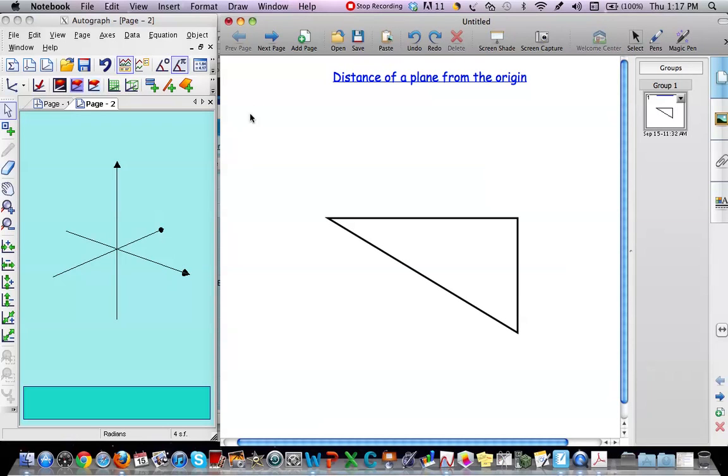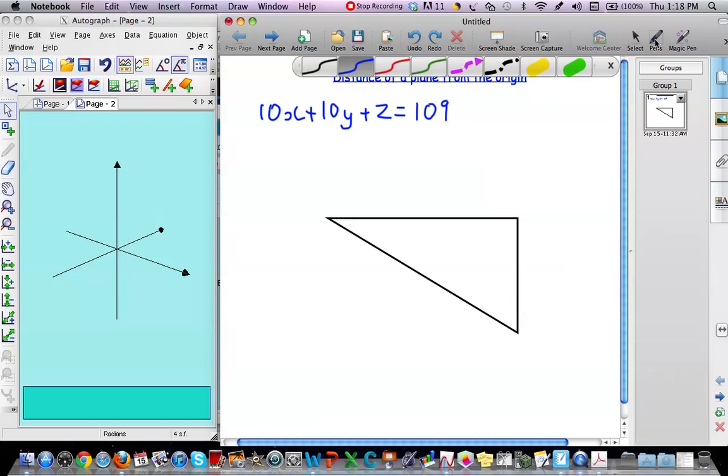is work with an equation of a plane in Cartesian form, and that particular equation for this example will be 10x plus 10y plus z equals 109. In this particular case, in order to evaluate the distance of this plane from the origin, all we need to do is use the expression d over the magnitude of n.